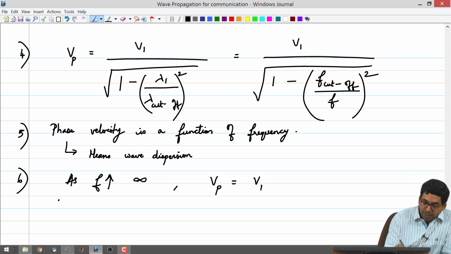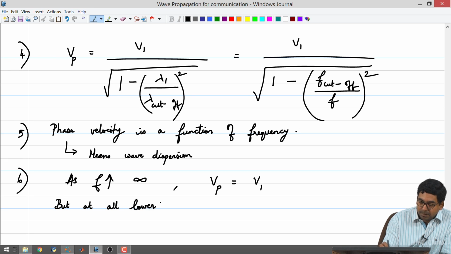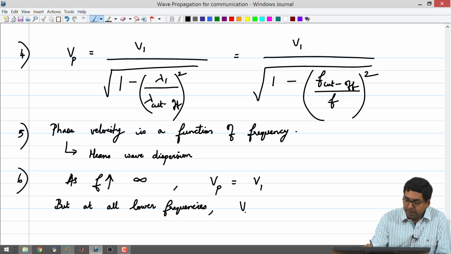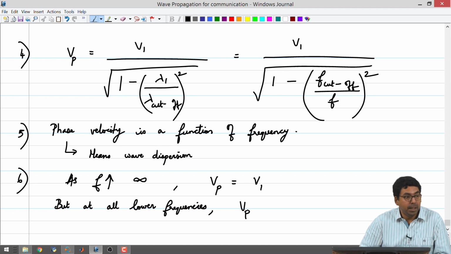But at all lower frequencies, I notice that Vp is actually greater than V1, okay.